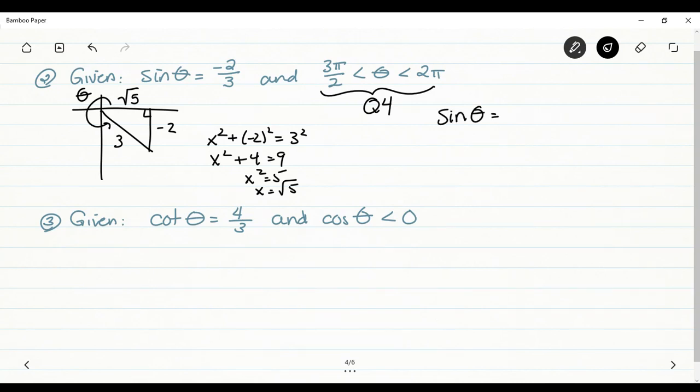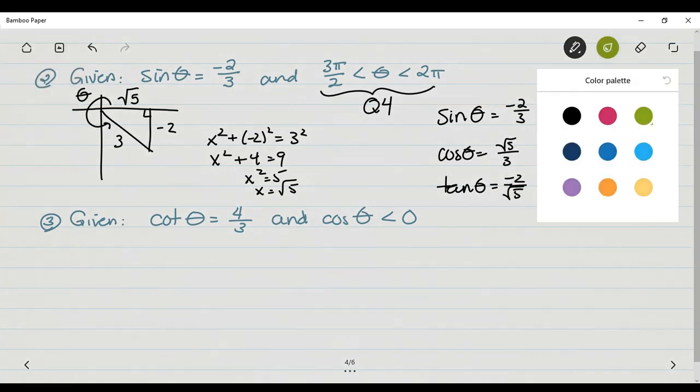Sine of theta, already given, negative 2/3. Cosine of theta is now root 5 over 3. Tangent theta is then negative 2 over root 5. And that is a problem.